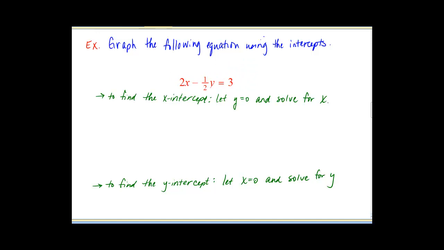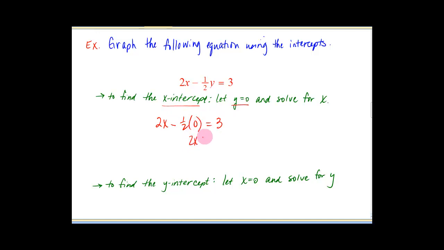The first thing I need to do, I'm going to find the x-intercept. So I let y be equal to 0. So for the x-intercept, I'm going to let y be equal to 0, and I'm going to solve for x. So take my equation, 2x minus 1/2 times 0 is equal to 3, because I'm letting y be equal to 0.